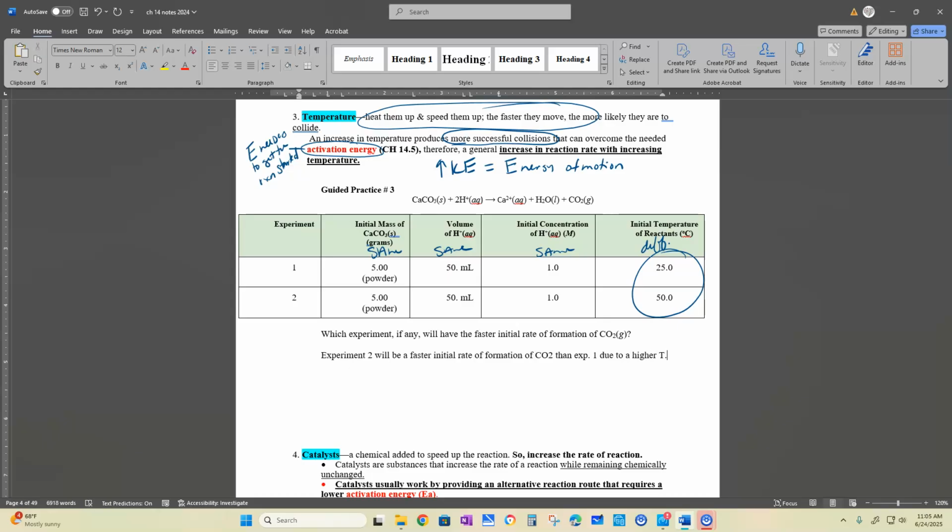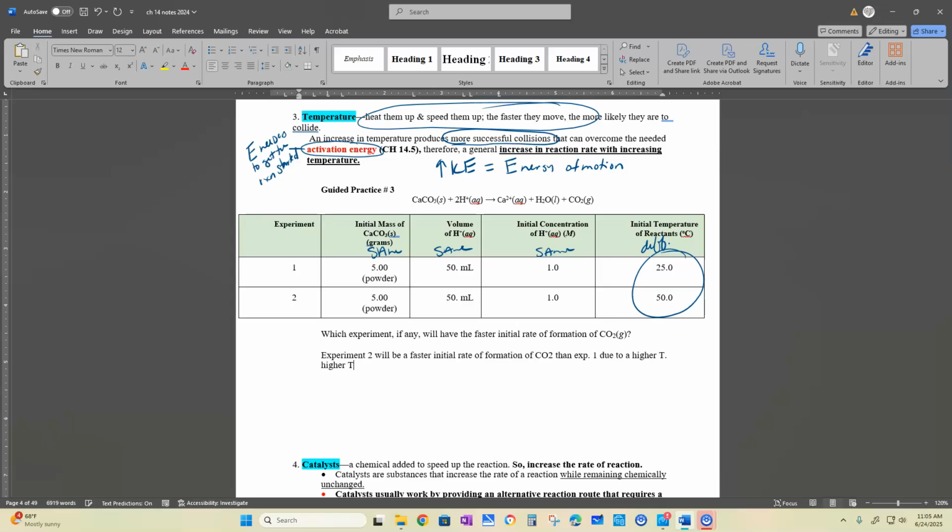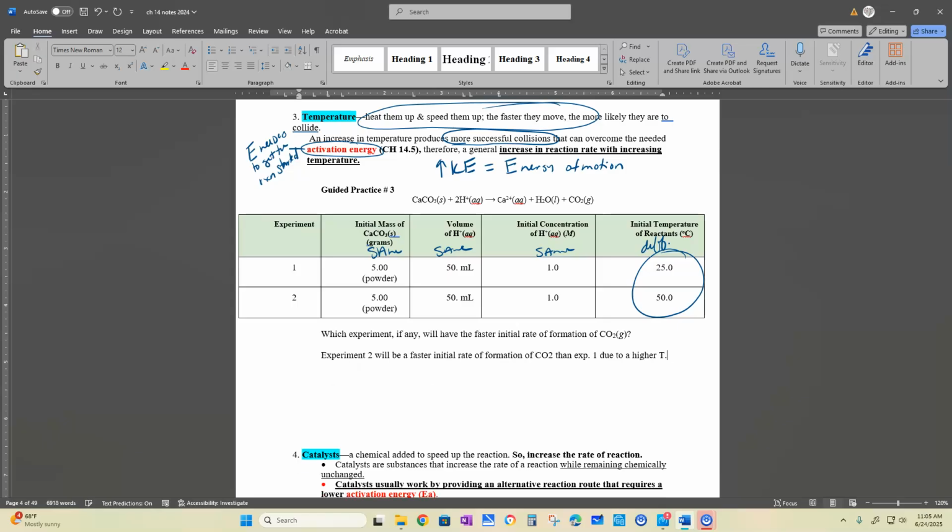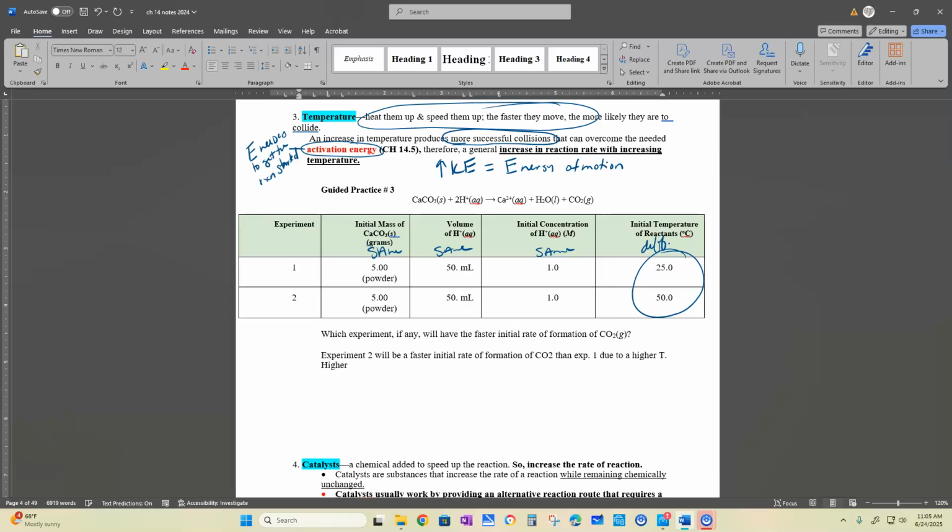You can abbreviate, okay? There are certain words you can abbreviate and obviously certain words you can't. I will show you every abbreviation you can do to save time. A higher temperature, let me capitalize. You want to do a little proper English.